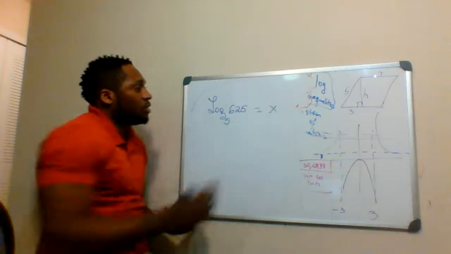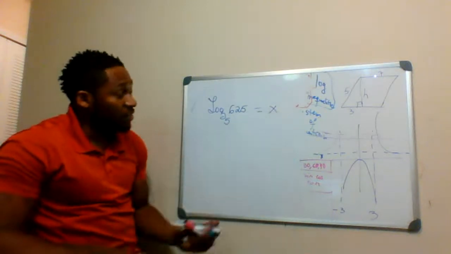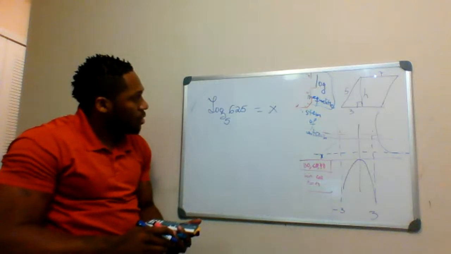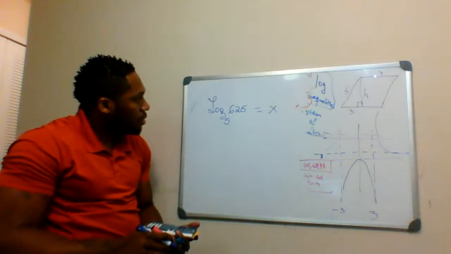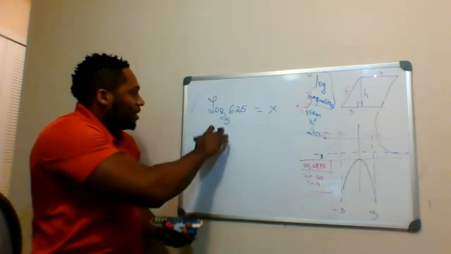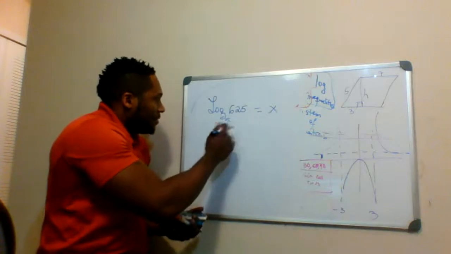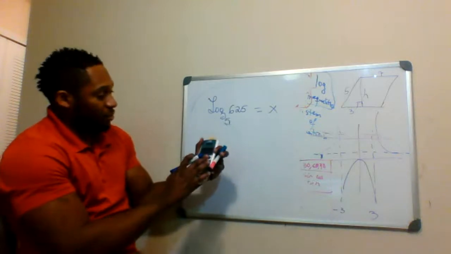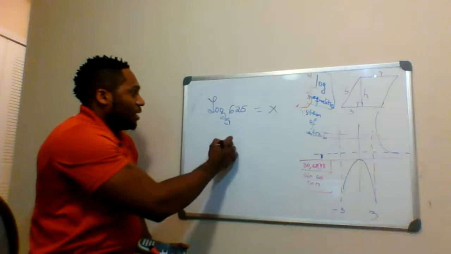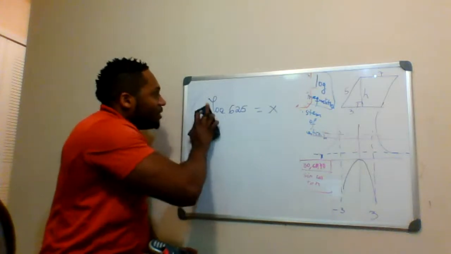Who can solve for this? Actually, that's just solving this in the calculator. The way you would do it is just say x is equal to 4. That's not what I meant to do. I meant to write this somewhere else.